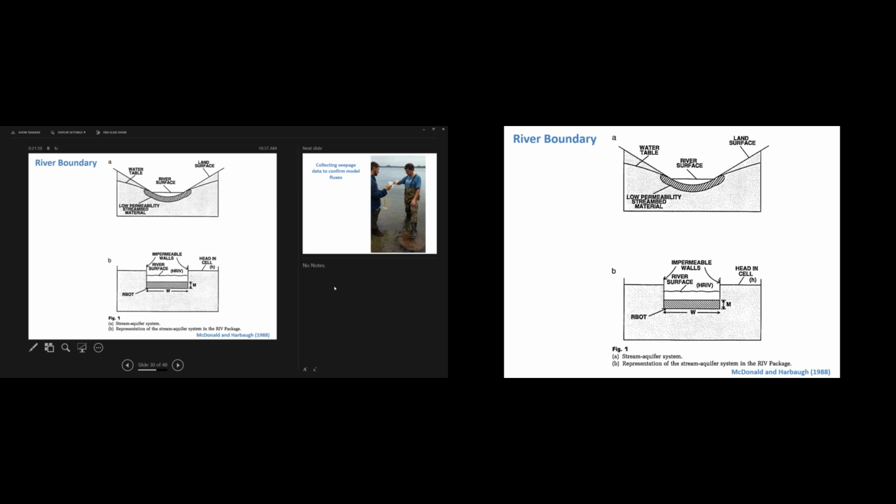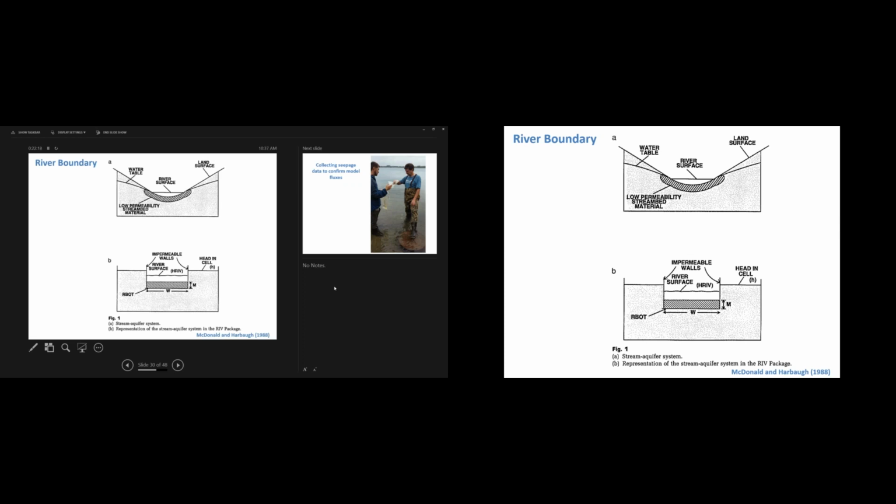You assign it a head in the river, and it's calculating a head in the aquifer at that cell, and those can be different, or most of the time they are different. And so you can put in some siltation in the stream bed, and then come up with a flux out of that boundary. If you are a firm believer that your river is a strong groundwater outcrop, like in the Green River lowlands or something, you don't put any resistance in the stream bed.